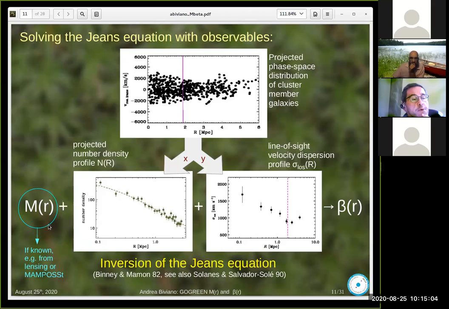After running MAMPOSSt, I get the mass profile, and then I use the two observables, which are the number density profile here, and the line of sight velocity dispersion profile, which are basically projections of this phase space diagram onto the X and Y axis. This plus this plus this immediately gives you the velocity anisotropy profile. You need some smoothing and interpolation, but in the end, that's direct. So you don't need to assume models for beta of r in the end.